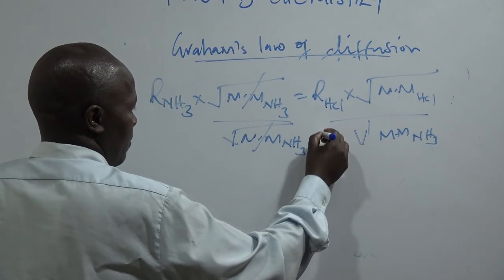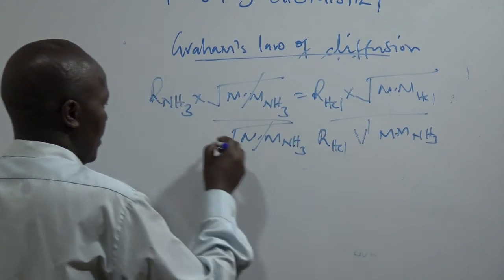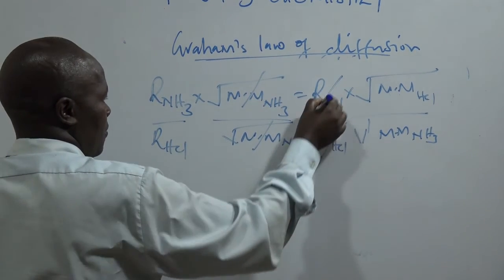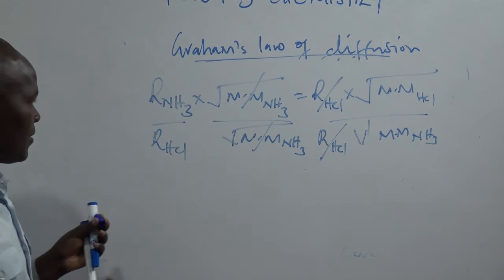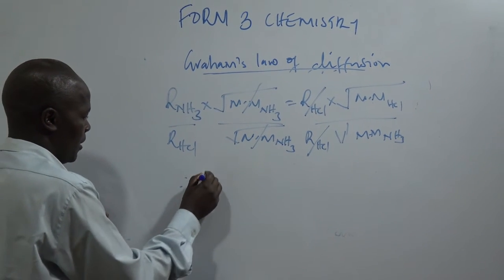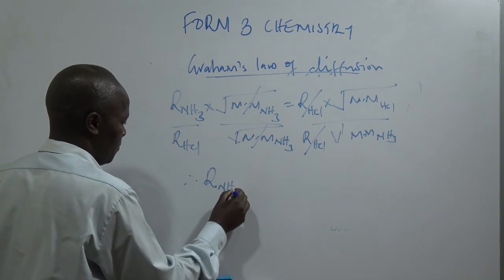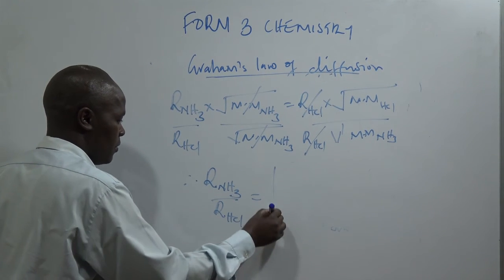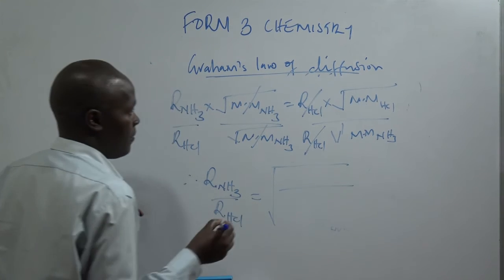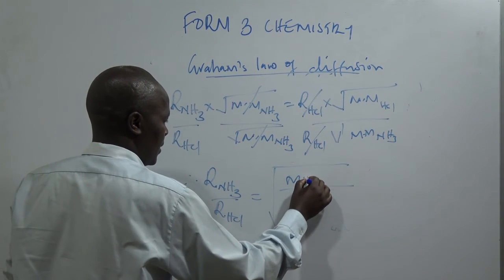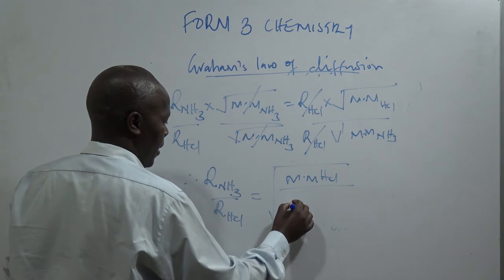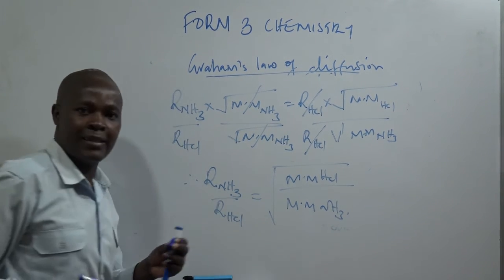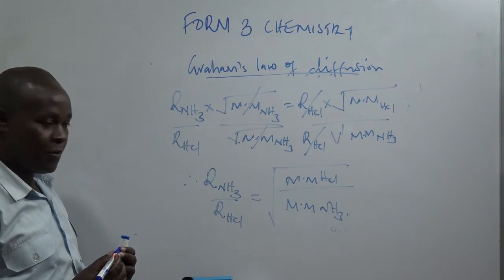And then here we divide by the rate of diffusion of HCl, so these ones cancel. So what is left? We have, therefore, the rate of diffusion of ammonia over the rate of diffusion of HCl is equal to the square root of the molecular mass of HCl over the molecular mass of ammonia gas. So this is how we compare the rate of diffusion of the two gases.